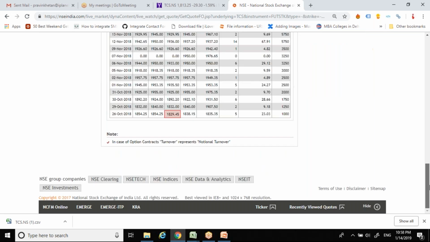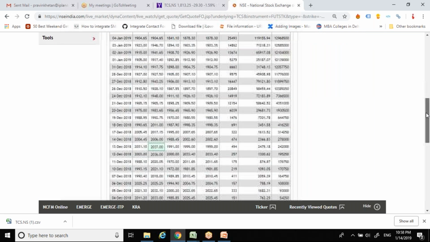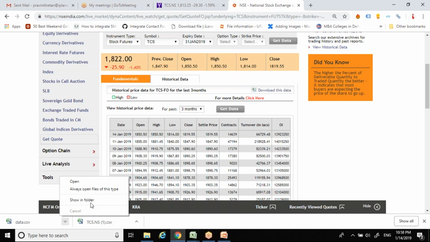No worries, we'll match the dates. Get the data and download the data. Now we have data for stock and we have data for contracts.